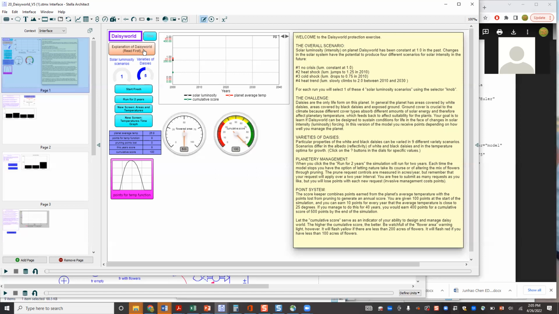It's going to make it particularly hot among the black daisies, so presumably the black daisies might die off a little bit, and it's probably going to be an advantage for white daisies in that heat, so maybe they'll expand a little bit. Are they able to stabilize? And then this cold shock scenario here, where the incoming light intensity drops by 25%, goes down to 0.75.